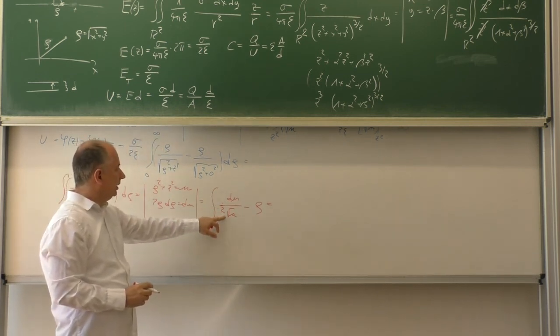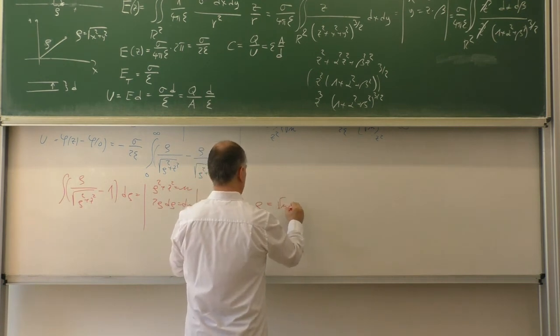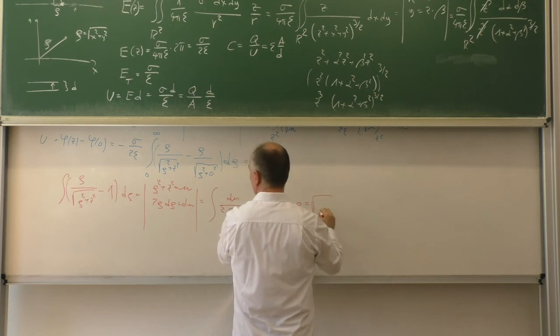And integral of 1/2 square root of u is square root of u minus rho, and u is rho square plus z square.